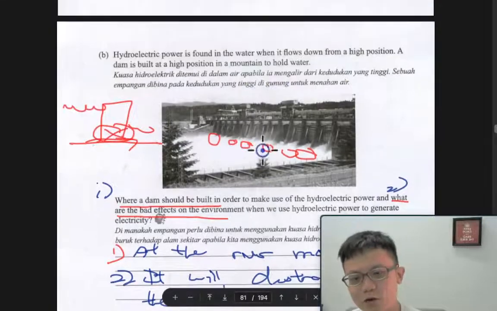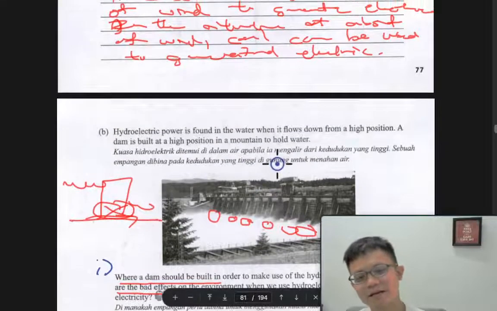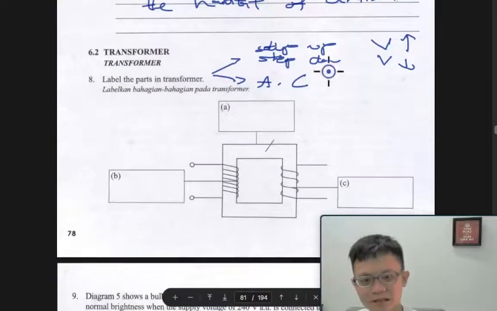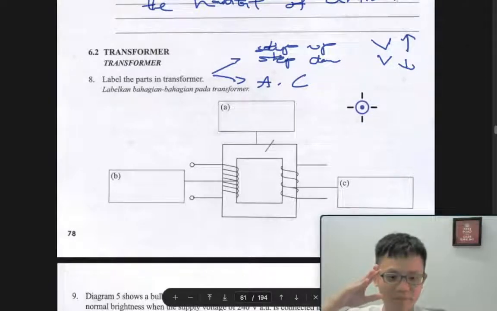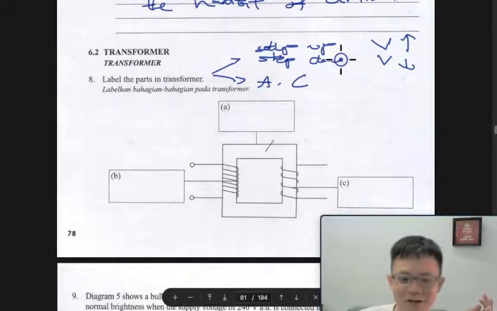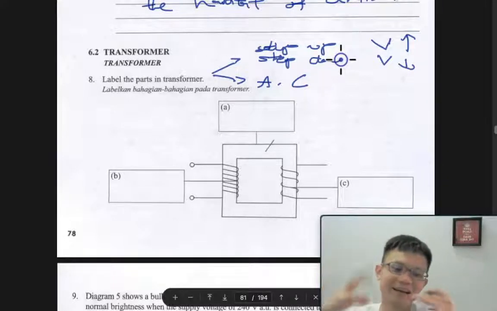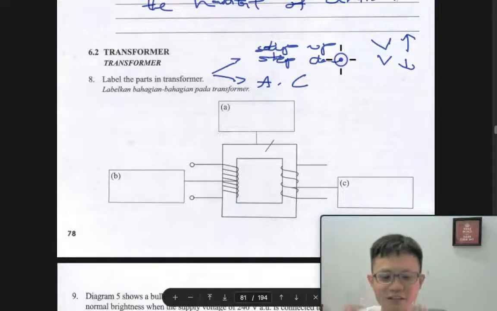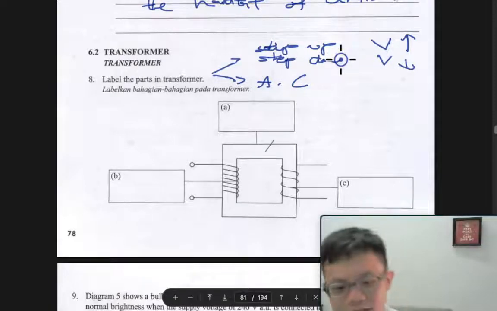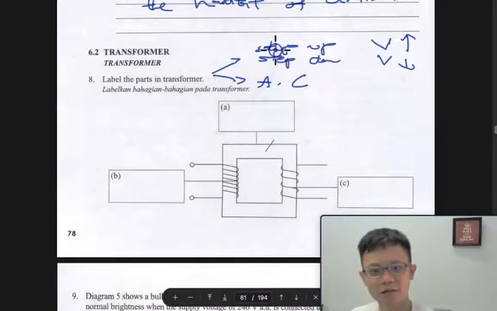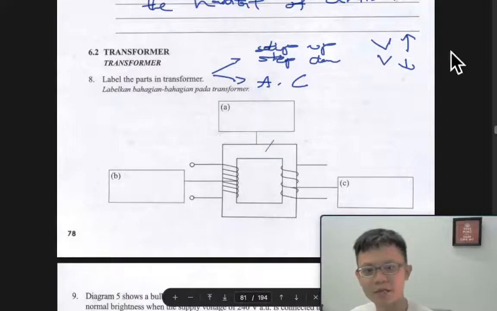So last time I always wondered, if I put transformers, the electricity will go up. So I put many transformers, then I get a high voltage, then yes, I get very cheap electricity, very free electricity. But it doesn't work that way, because when you step up the voltage, the ampere will reduce.